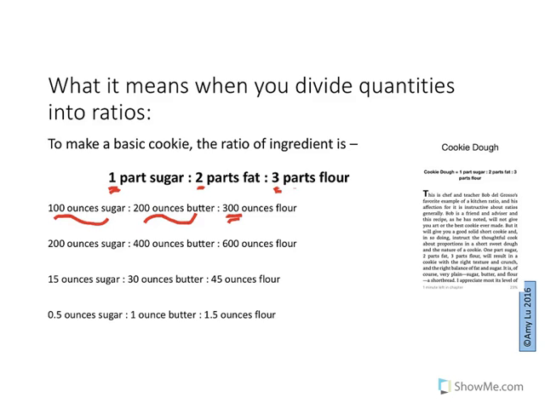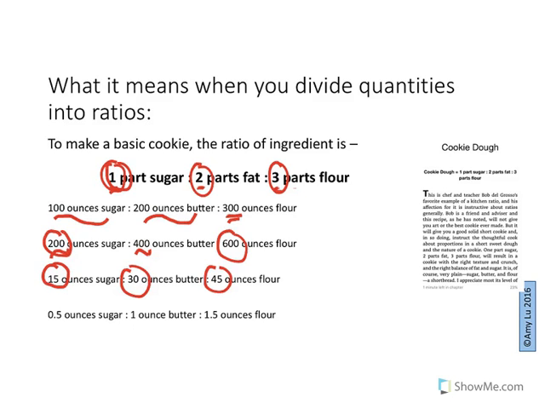Now, say I want to use 200 ounces of sugar. Since that's considered 1 part, I would have to double that for fat, so I'd use 400 ounces of butter. And since I want 3 parts flour, if I have 200, I would have to go 600. That also goes the same if you use smaller quantities, 15, 30 to 45.